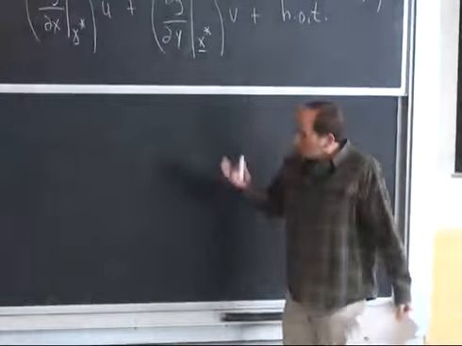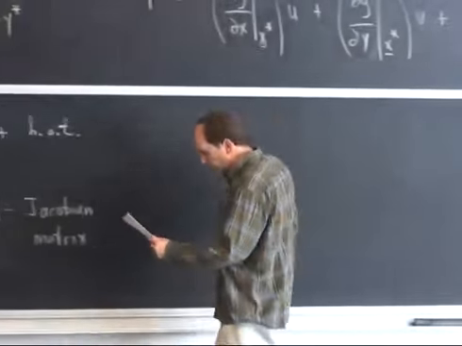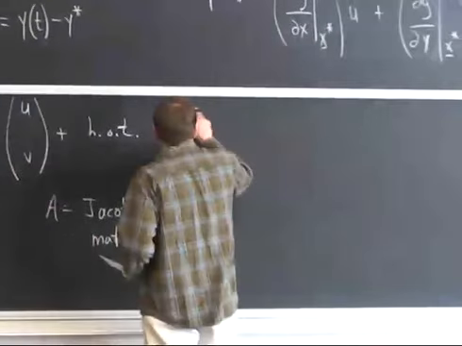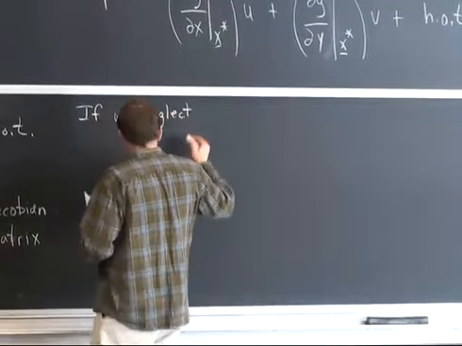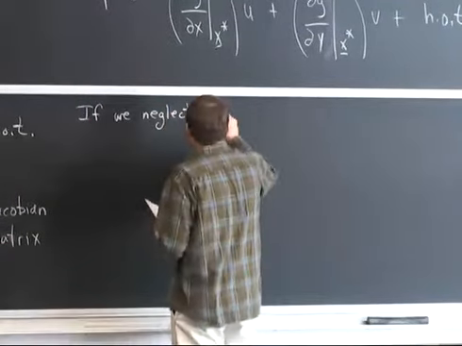Okay, so now if we neglect the higher order terms, then we have the linearization of the system about x star.